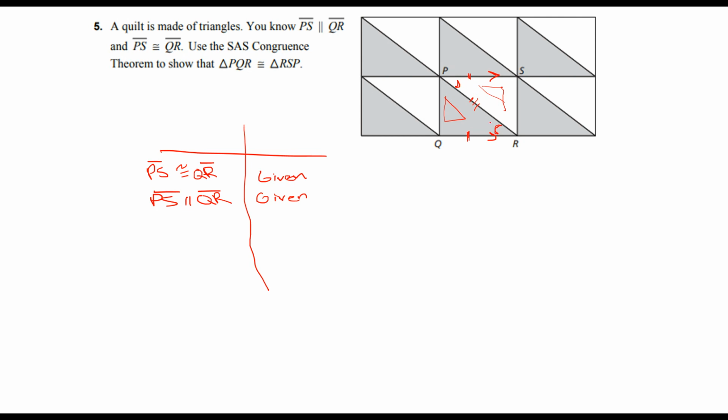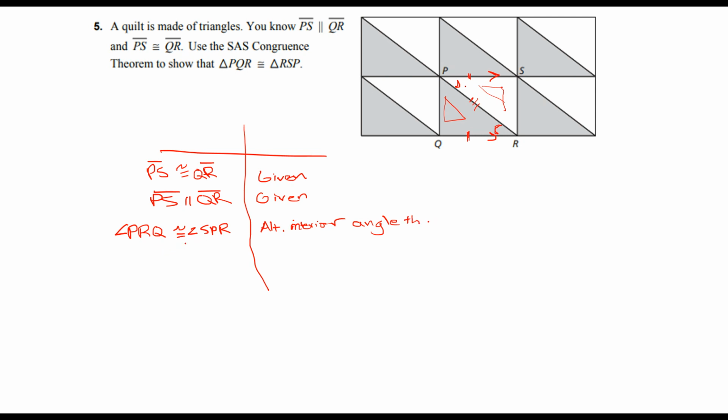And how do I know they're congruent? Well, those are alternate interior angles. So angle PRQ is congruent with angle SPR. And how do I know that? That's the alternate interior angle theorem.